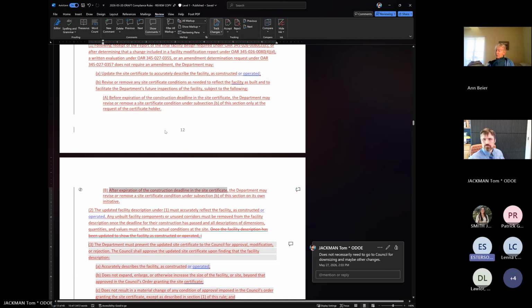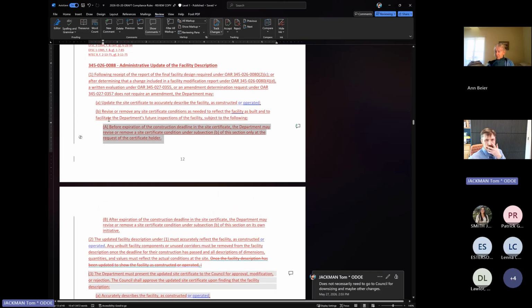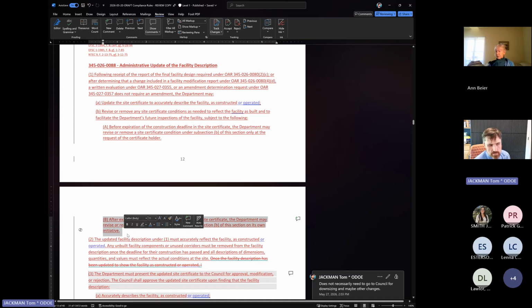I can't envision a space where we're sitting around waiting to do this. Before expiration of the construction deadline, this is 1B. A says the department may revise or remove a site specific condition under subsection B only at the request of the certificate holder. So only the certificate holder would trigger this, if they wanted to.